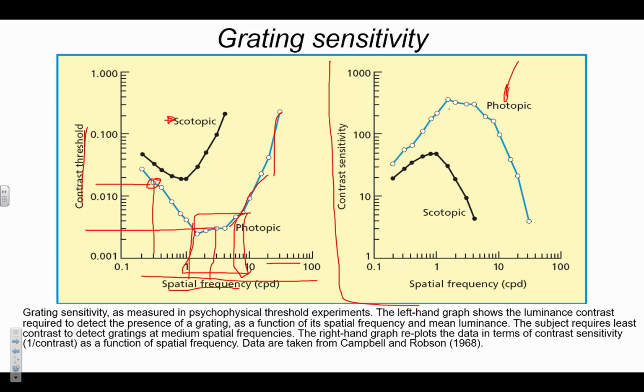If you look at this 1 to 10 range, it's higher on the graph, and you realize, oh, I'm much better at that. It's a little more intuitive sometimes to see it that way. You're more sensitive at those frequencies. If you look at a low frequency or these high frequencies, you're not as sensitive, which means you need more contrast, which is what this graph over here would tell you. Does that make sense to everybody?